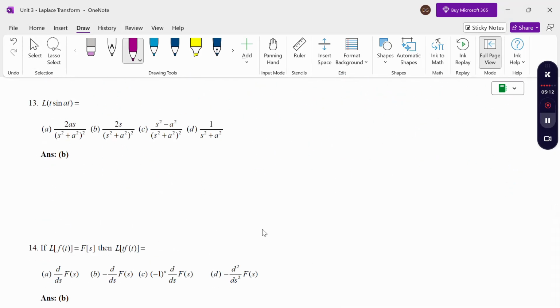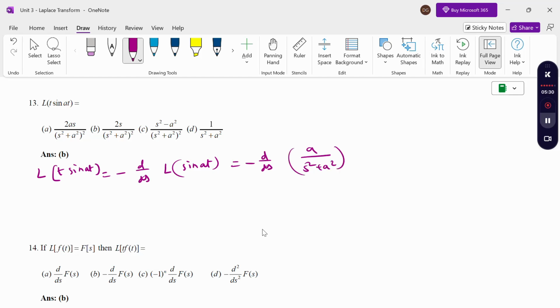Now L of t sin at is minus d by ds L of sin at, that is minus d by ds of a by s square plus a square.